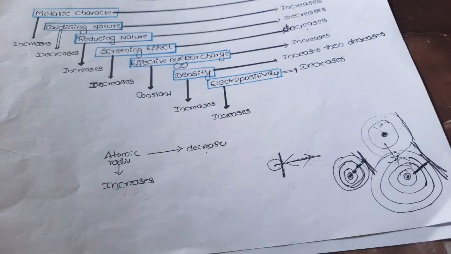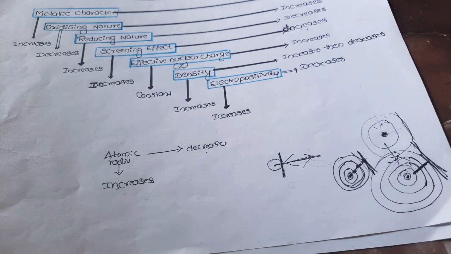Up to group 3 there is a gradual increase, but as we go along the period there is a slight decrease in density. Down the group, density increases because the number of shells increases, the mass increases, and the number of electrons increases.